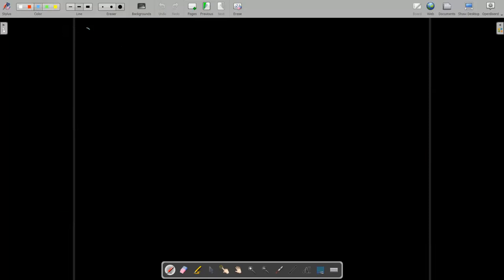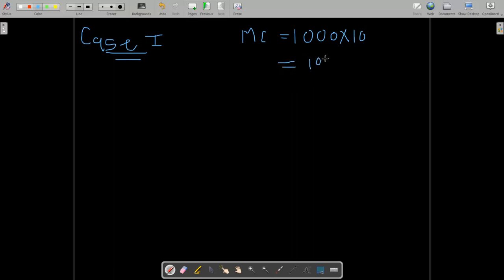So let us first do the cost analysis of case 1. In case 1, first of all, material cost MC: there are 1000 pieces, and each piece costs 10 rupees. So this is 10,000.